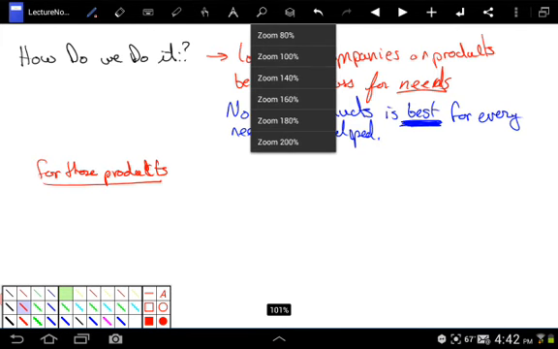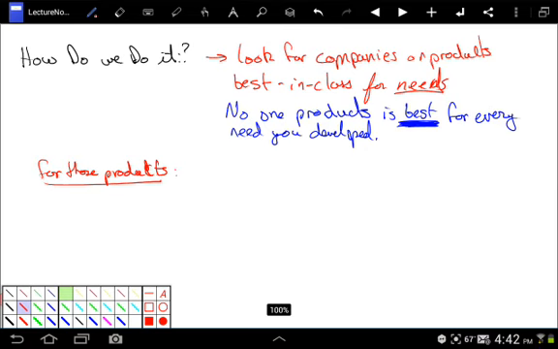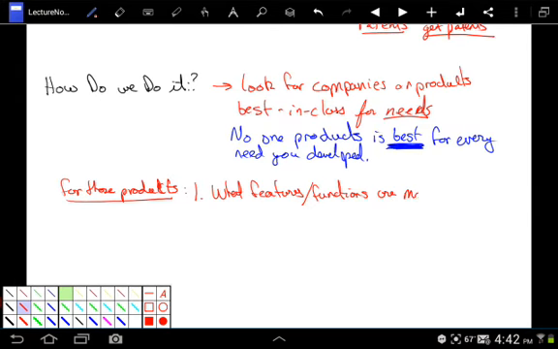what you're going to want to do, we change our zoom here, is write down for each single one a couple different things, right? One, what features or functions are most important for end user, let's just say user satisfaction, right?